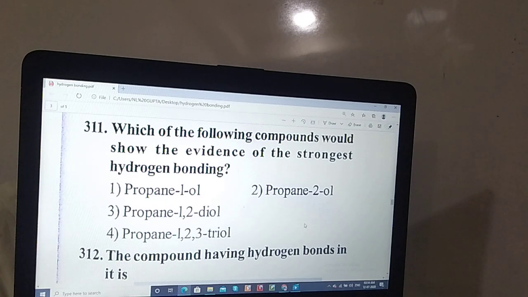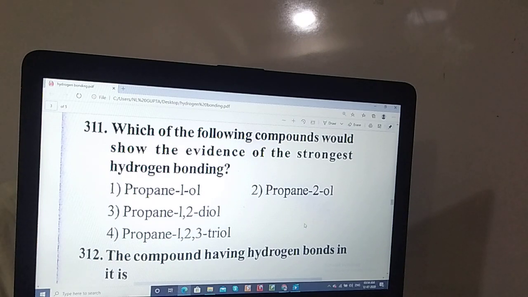So the correct option will be option number 4. Propane-1,2,3-triol has the strongest hydrogen bonding because three oxygen atoms are present.